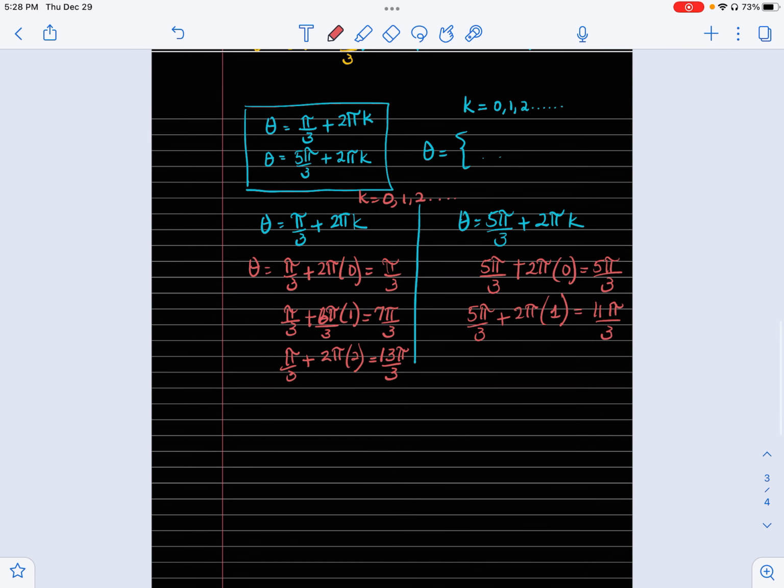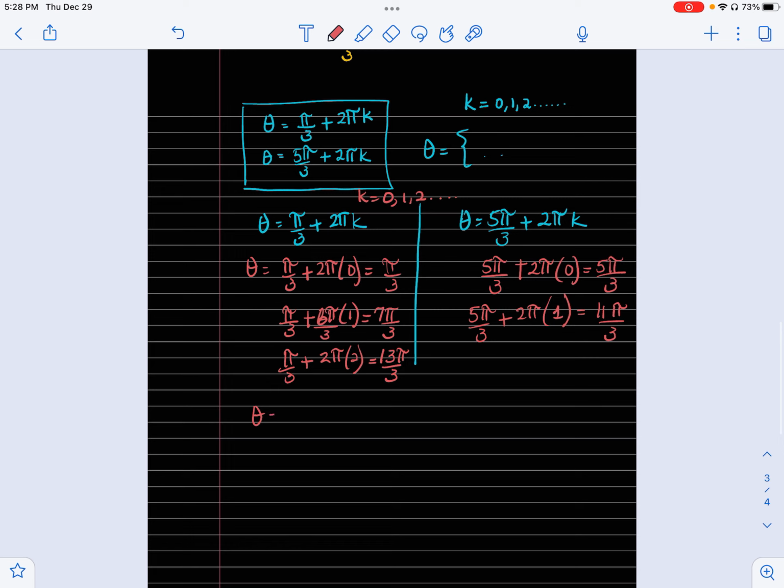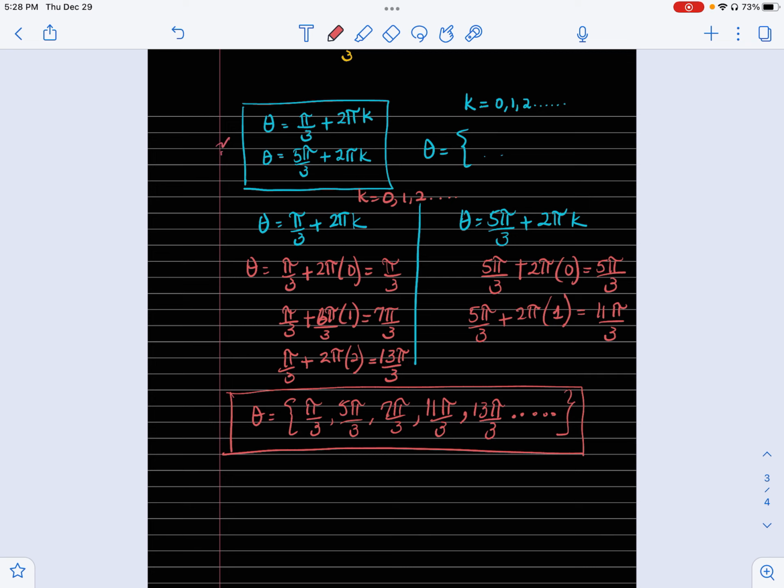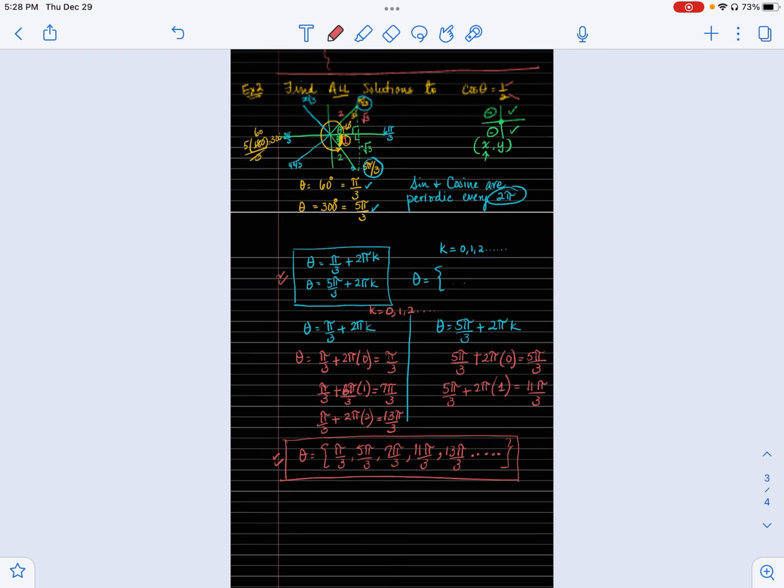And of course, I have 5 answers in front of me, so if I were to write it as a set, like I said up there: pi over 3, 5 pi over 3, 7 pi over 3, 11 pi over 3, fun, right? And 13 pi over 3. I'll just write as many as I found, and dot, dot, dot tells me forever. Both of these are formats. This one is in its own type of formatting, and then this one is the generic formatting that you've used before. There we go, and the question is over.